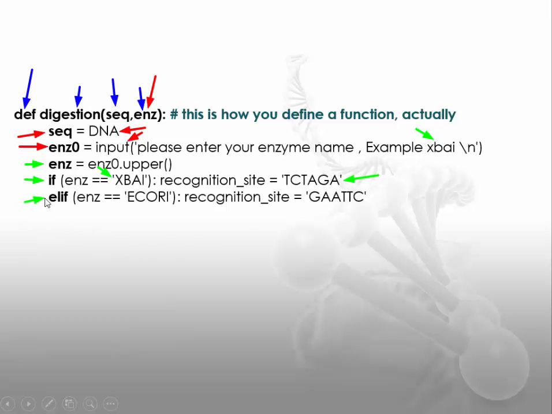Elif means else if the enzyme is equal to ECORI, the recognition site should be this one, GAATTC. So these are the statements that I'm using here. You can have endless numbers of if statements to initiate the enzymes.